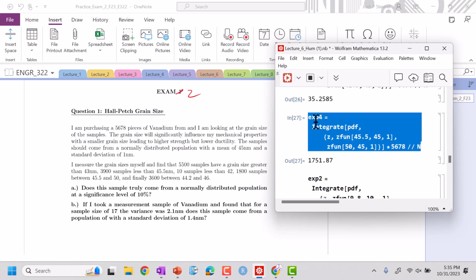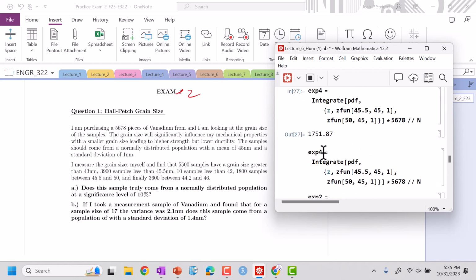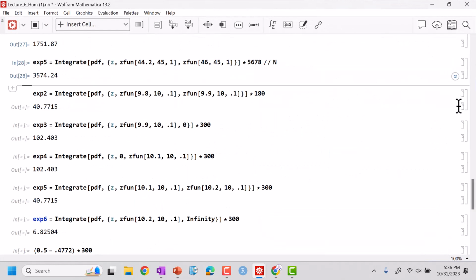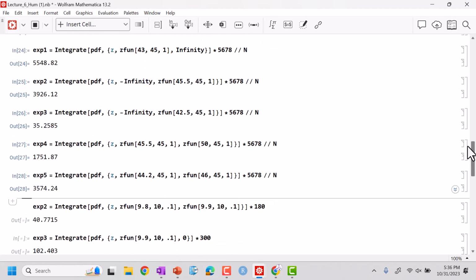Expected 4, and then finally expected 5. We're going to look at between 44.2 and 46. Excellent. So let's start with that.